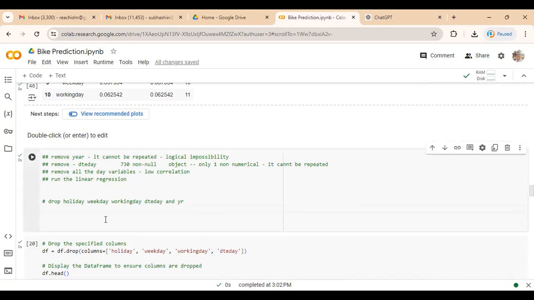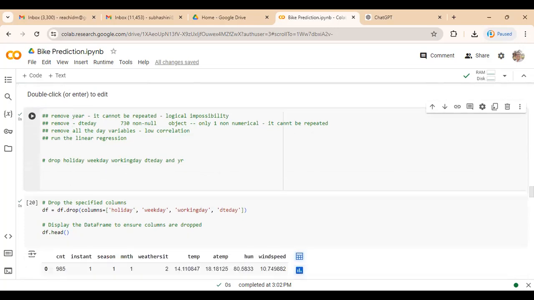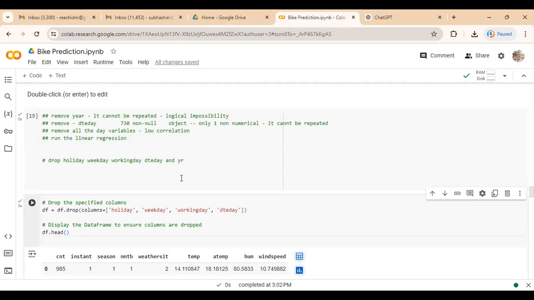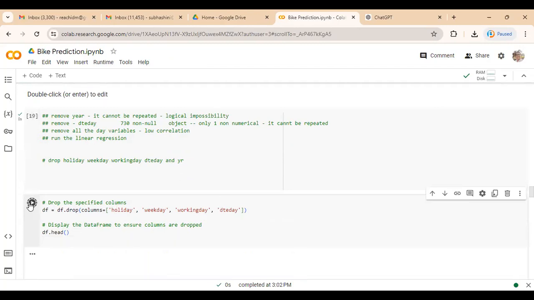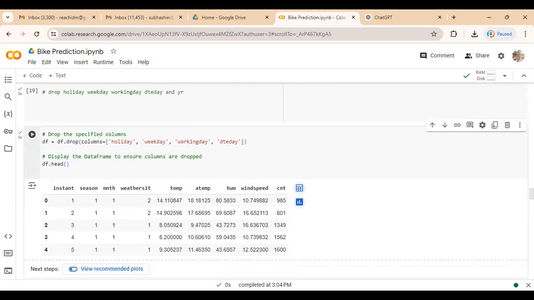Now, what we want to do is drop holiday, weekday, working day, and year. Year we have already dropped actually. The date exactly, we want to remove it. Okay. So just the values which we haven't dropped, we're dropping them out.